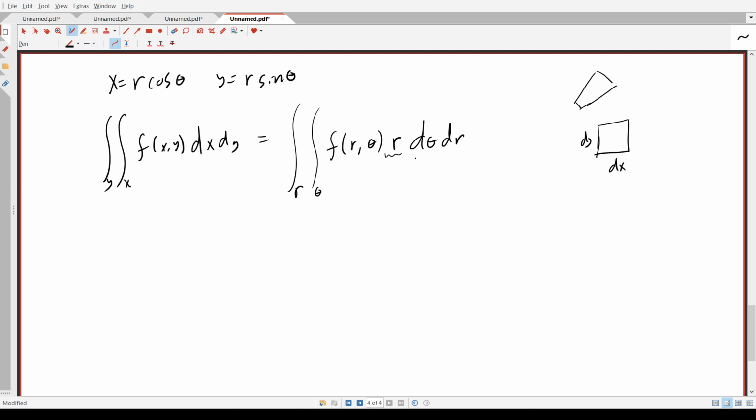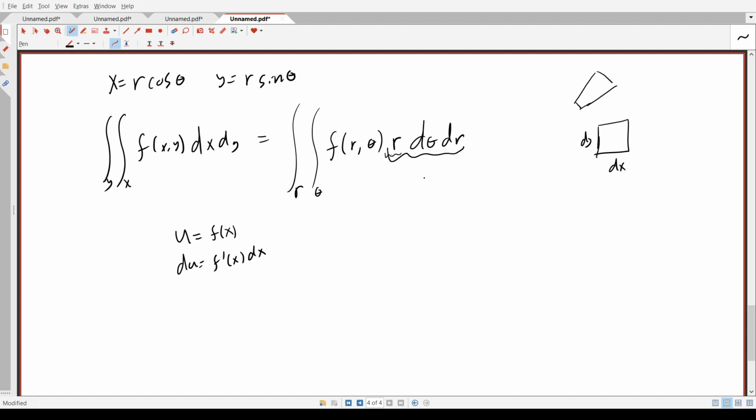We can think of this as the equivalent of when you do the u substitution. We would do something like u equals some function of x, and then we take the derivative, so we have du equals f prime of x dx, and then we substitute this in.